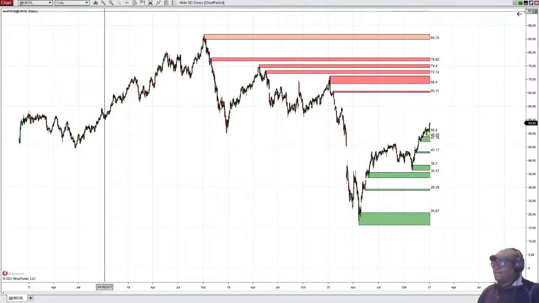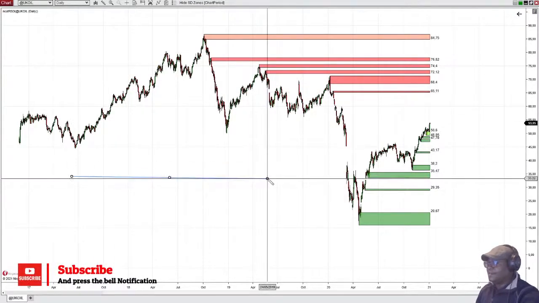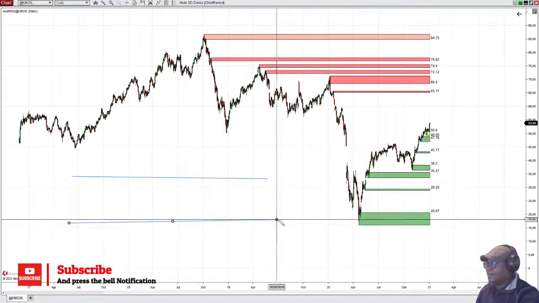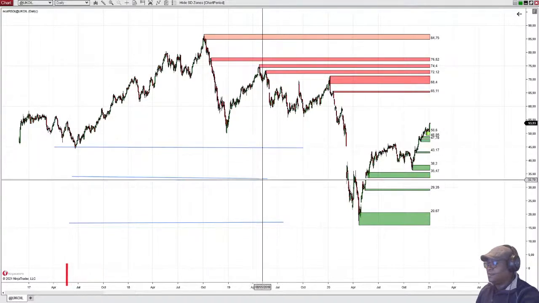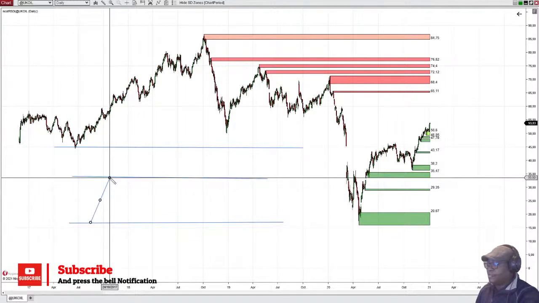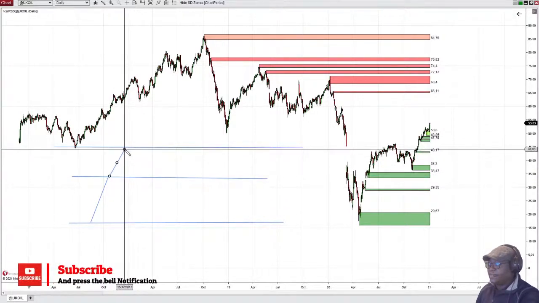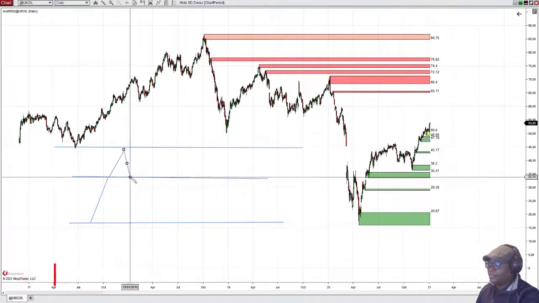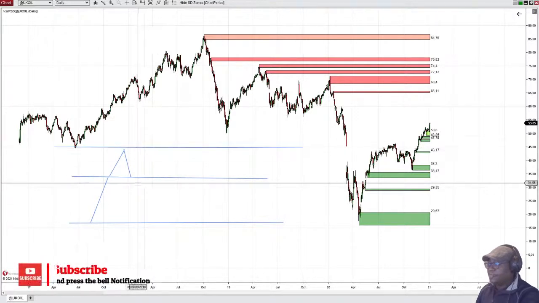Remember, every resistance, if you break it, then this resistance will now become new support, and new support becomes resistance.